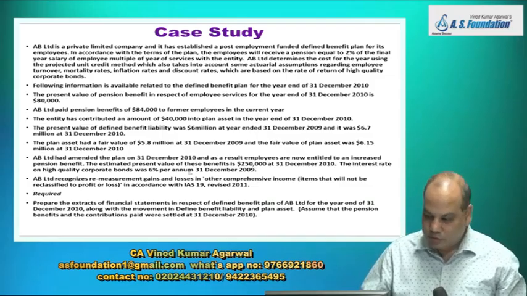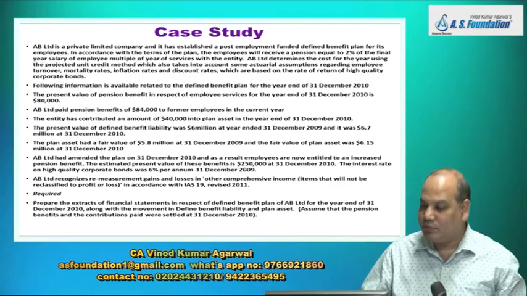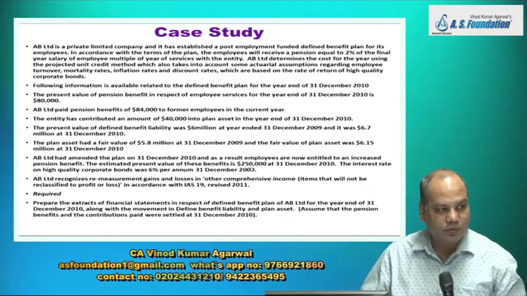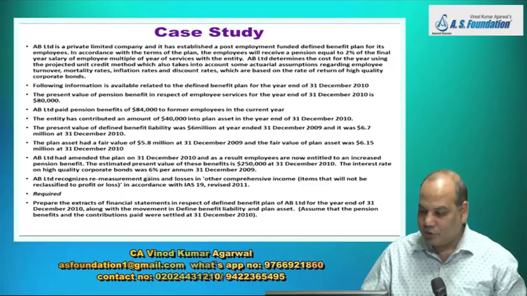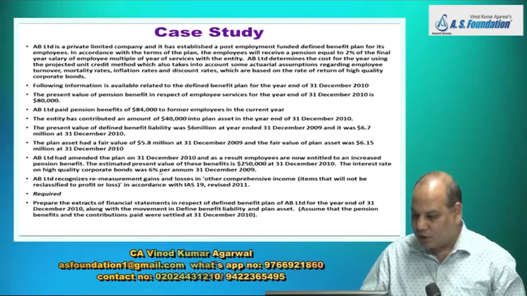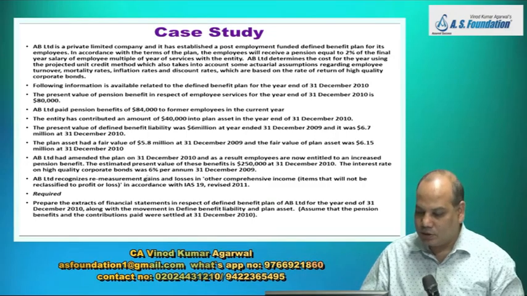No. You have made an amendment in the plan which has resulted in increasing your liability by $250,000. So can I call it a past service cost? Say yes. The interest rate on high quality corporate bond is 6% per annum. So this I will require for 6% of opening liability and 6% of opening plan asset.